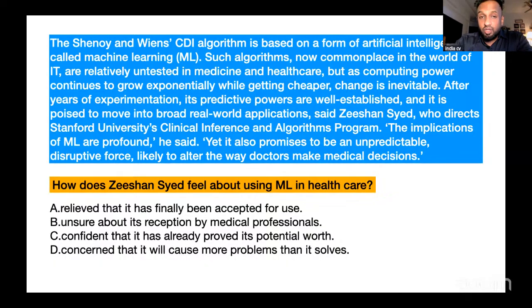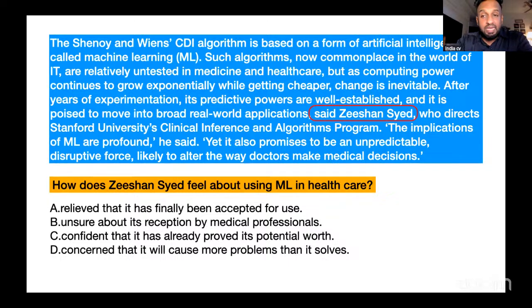So keep that in your mind and then read your paragraph. What does it say about Zeshan Sayyed? I need to first look at where Zeshan Sayyed is. I've underlined it, I've highlighted it. Said Zeshan Sayyed, who directs Stanford University Clinical Inference Algorithm. Now I need to find what he said, so I'll have to read from where the sentence began. I'll have to find the nearest punctuation from my keyword.